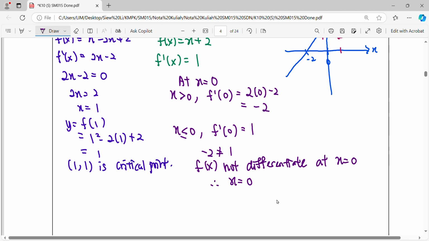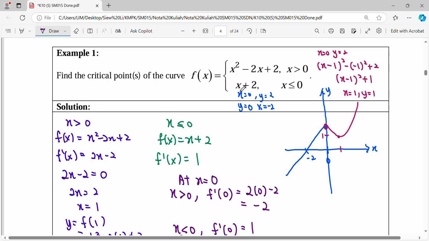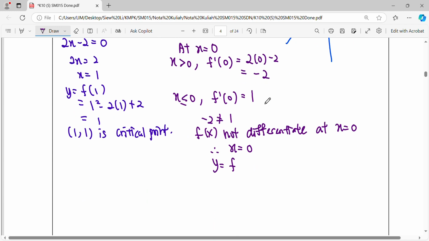So when x equals to 0, what's your y coordinate? Where do we substitute? Substitute x equals 0 into here, x + 2, 0 + 2. So we get 2. So from differentiability, we know that this function is not differentiable at x = 0, so this point is also a critical point for your graph. So in total, you will have 2 critical points.